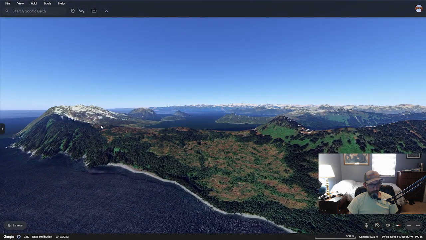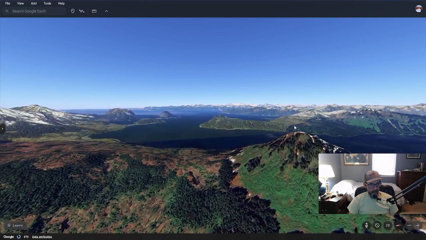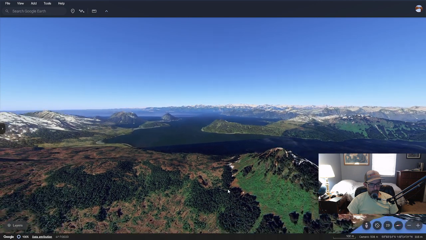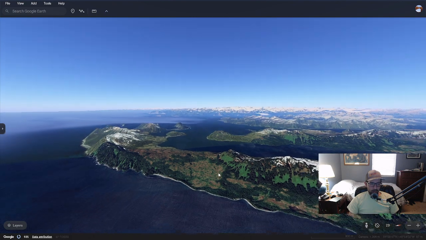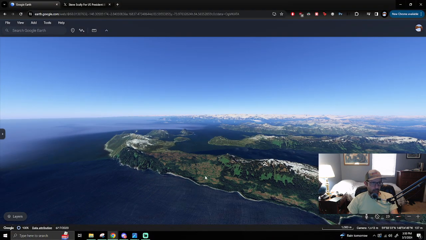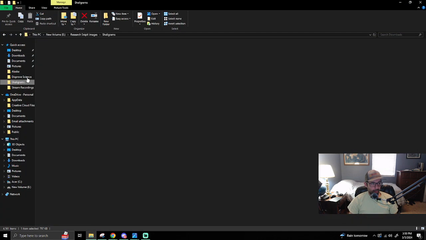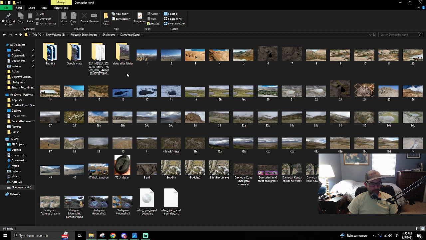Eroding this valley type thing. Which, by the way, I had a thought. If I can find a good image of this structure.